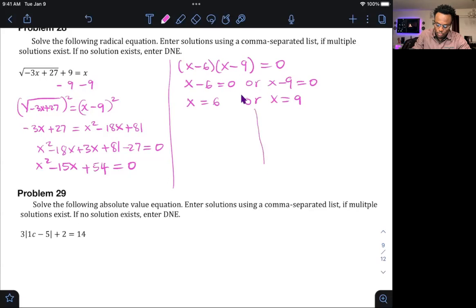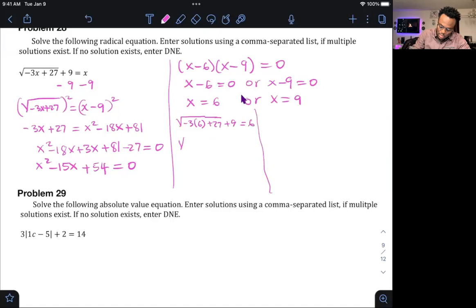Check them. Square root of -3 times 6 plus 27 plus 9 on the outside of the radical. Is it 6? We'll see, right? So that is square root of -18 plus 27. -18 plus 27 is 9.